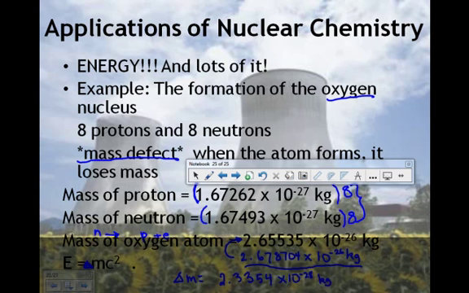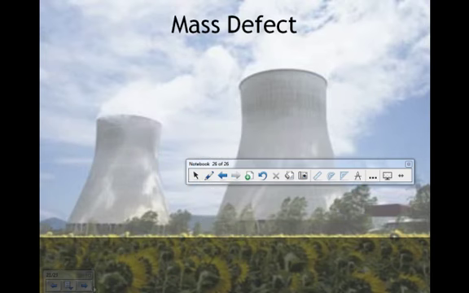This change in mass is almost on the same order of magnitude as an entire proton or an entire neutron. So that energy we should take into consideration. Let's see how much energy that would be. So by the mass defect of the oxygen atom, how much energy are we looking at?